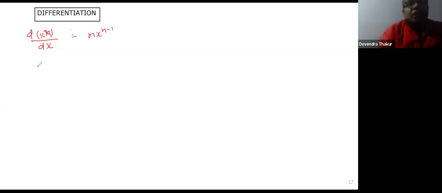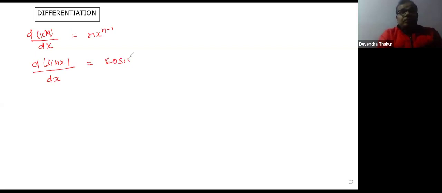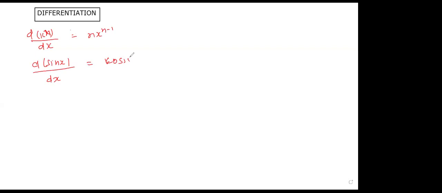Okay. And derivative of sin x is cos x. And derivative of cos x is what? Derivative of cos x is negative sin x.